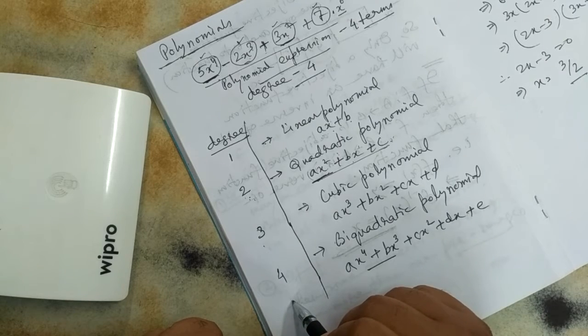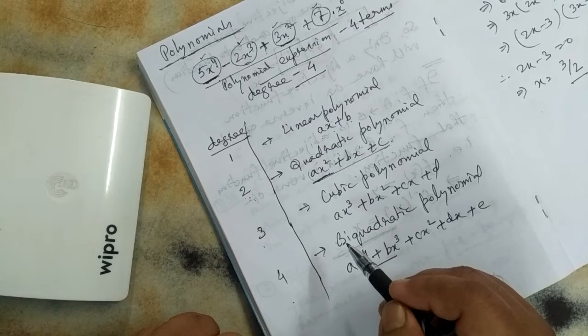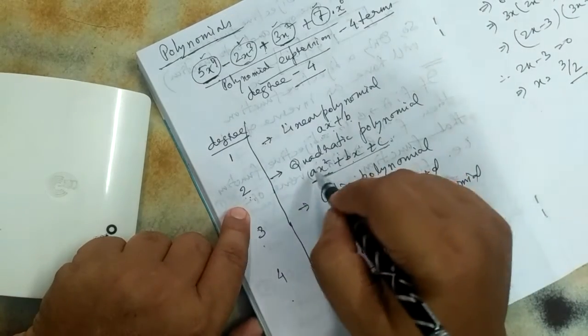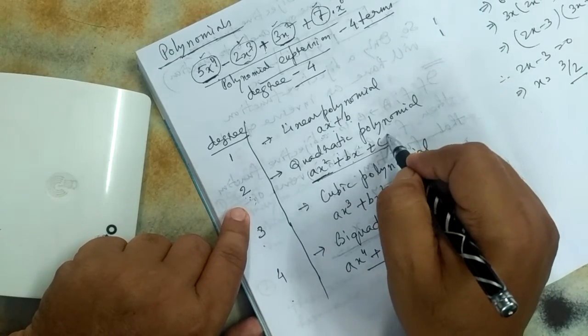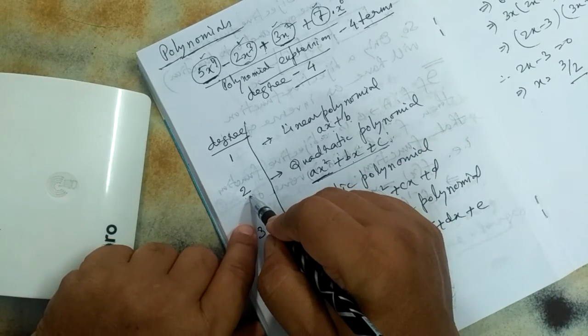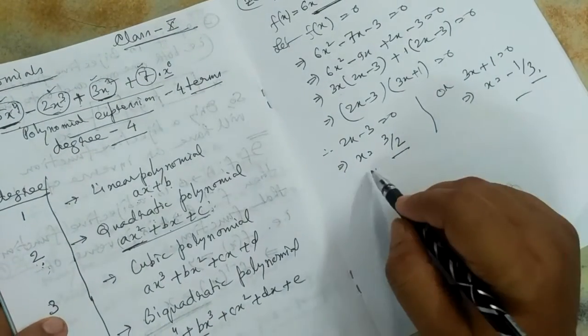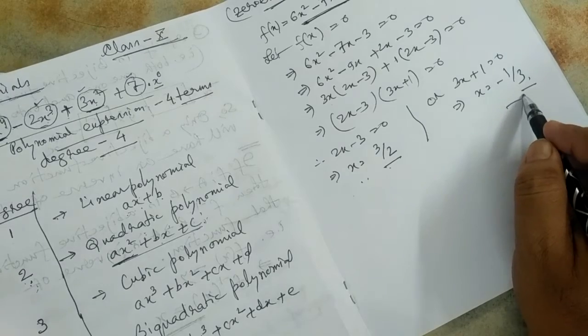Degree 4 means there will be 4 roots. So the number of roots is the same as the degree. If a quadratic polynomial is given, its degree is 2, which means we will find two values of x: x = 3/2 and x = −1/3.